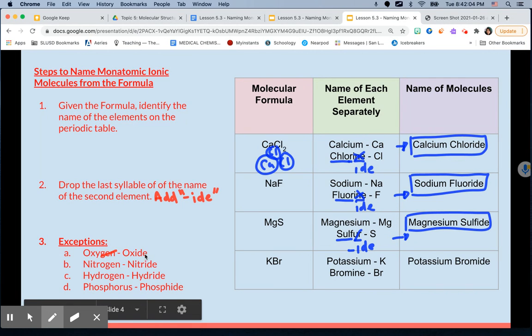So it's oxide. Nitrogen, instead of nitroide, is nitride. Hydrogen is hydride. Phosphorus is phosphide. These are some common exceptions. I would definitely note this down in your notebook as well so you don't forget this.